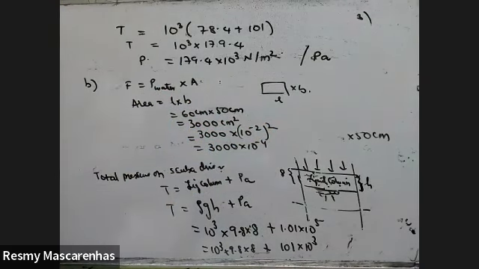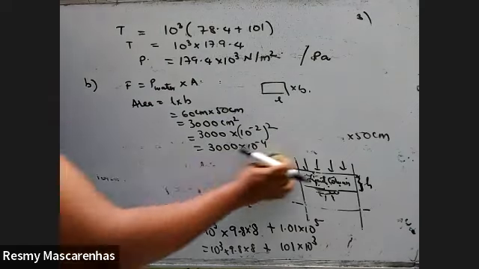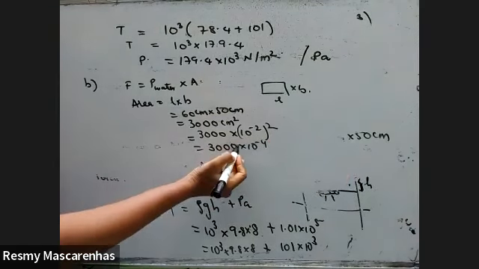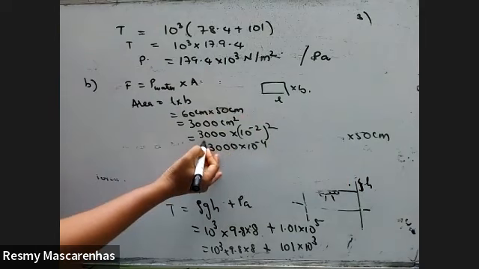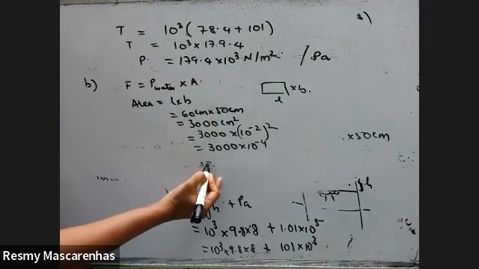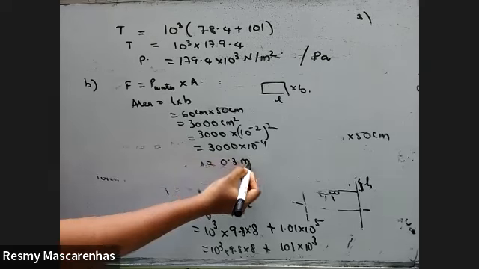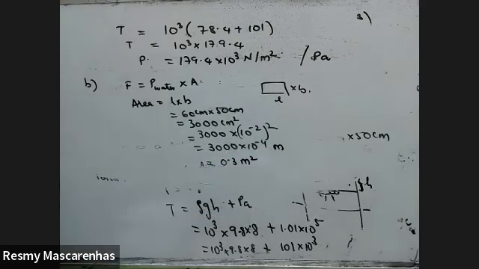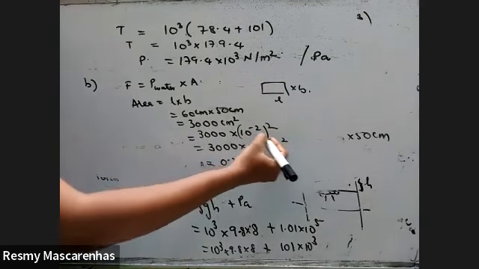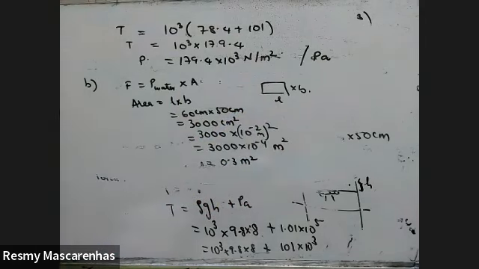So that will become 0.3. Minus 4 means 4 decimal places this side.